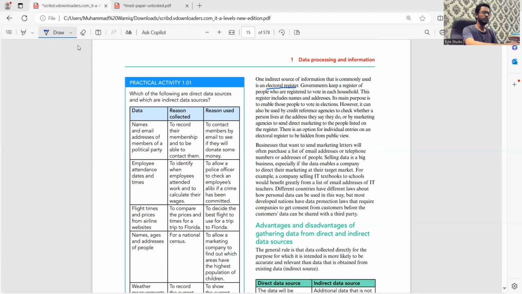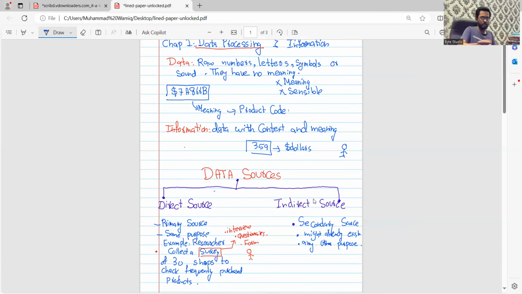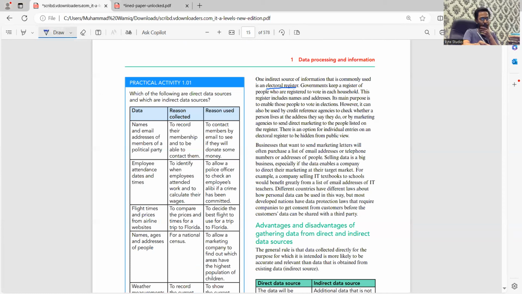So this is one of the questions from your exam, and it was worth 8 marks. Indirect sources include electoral registers, and you were asked to define this electoral register. So let's discuss that.